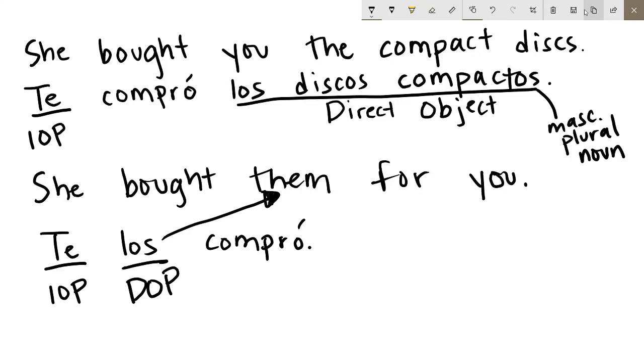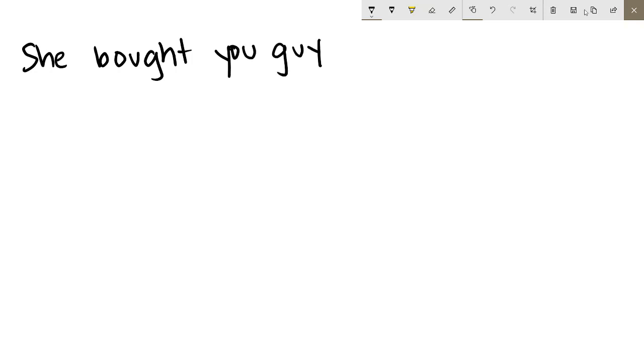Like if I were to say she bought them for them, like for you guys, or for them, let's say she bought you all, you guys, the compact discs.